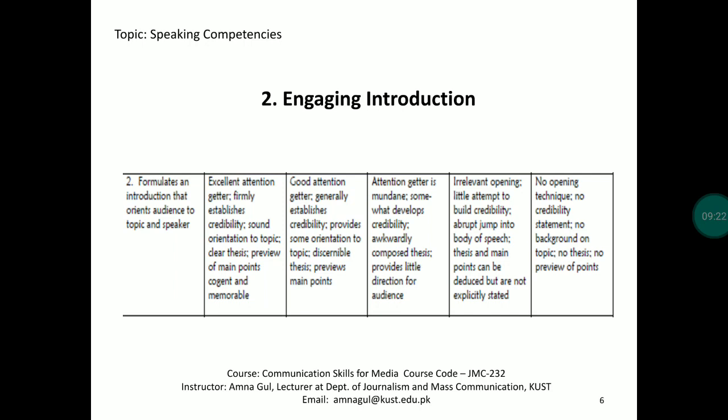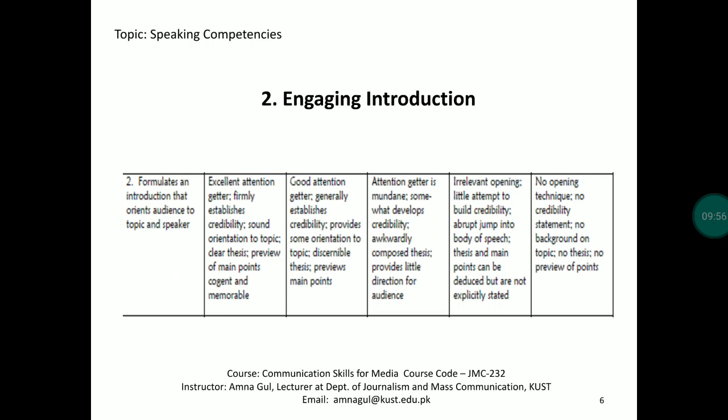The proficient speaker, number 3, uses a good attention getter, generally establishes his credibility, provides some orientation to the topic, but his thesis is not that clear and he previews main points. Number 2, the basic one: the attention getter is mundane, somewhat develops credibility, but there is an awkwardly composed thesis which provides little direction for audience.